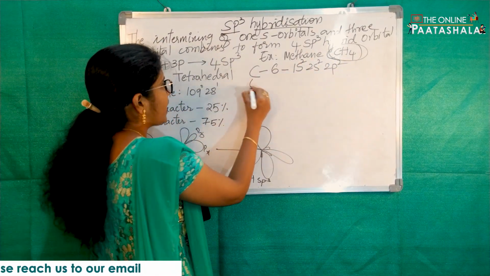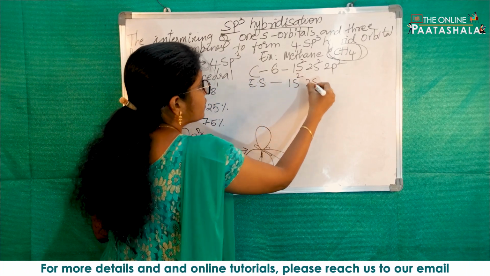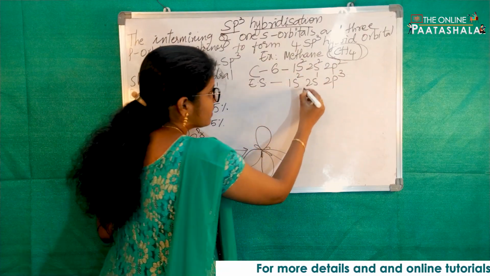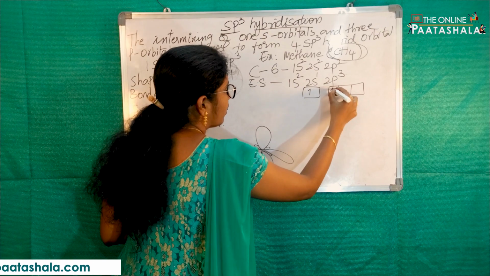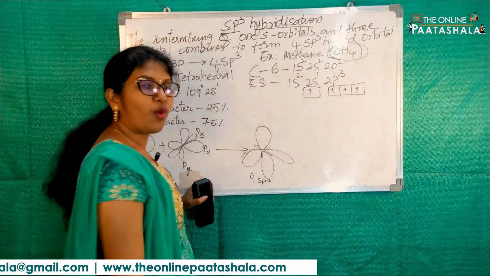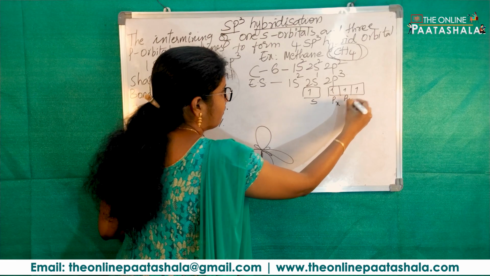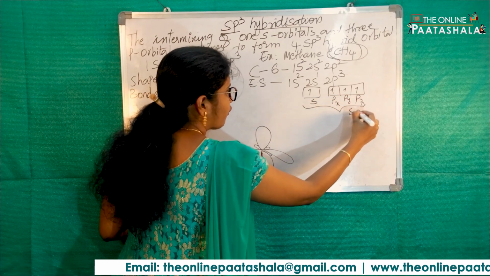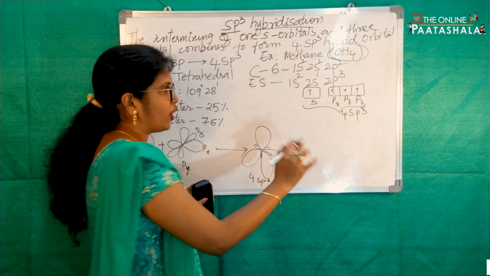And what is the excited state electronic configuration? 1s2, 2s1 and 2p3. That means in the s orbital 1 electron and in each p orbital 1 electron. This one s, px, py and pz combine to form 4 sp3 hybrid orbitals.